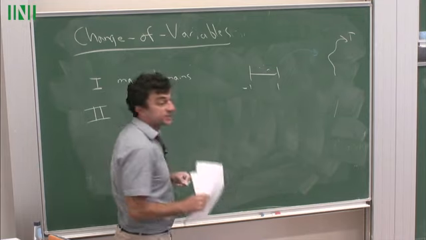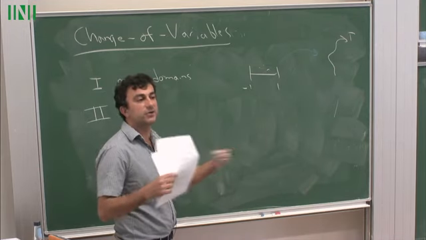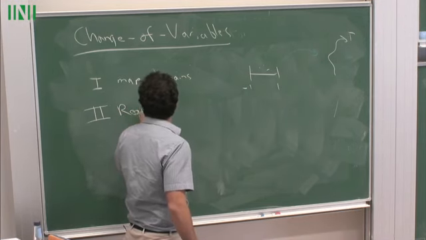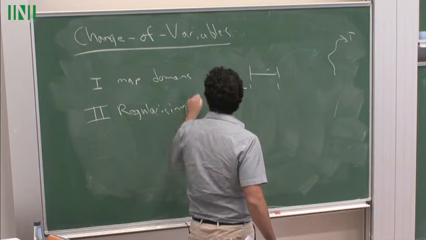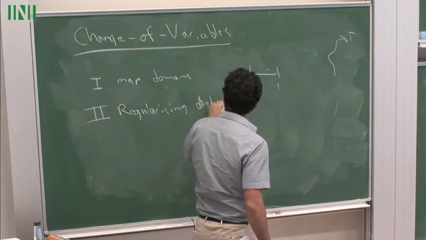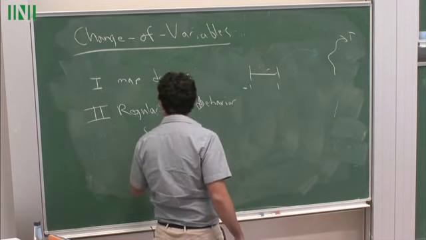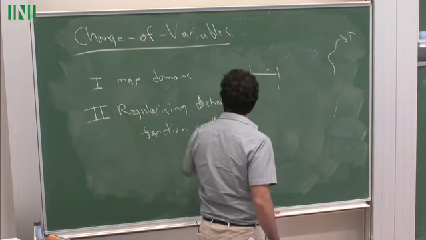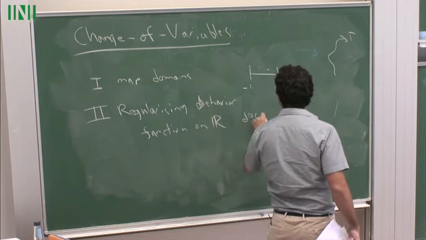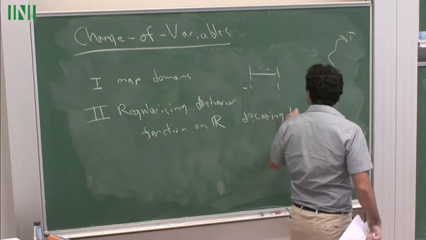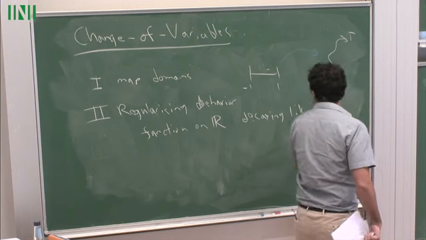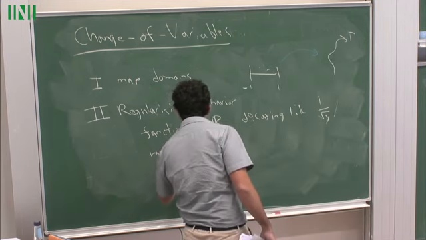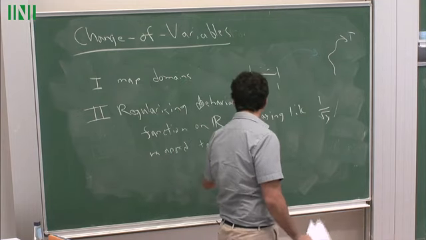Two, change of variable formulas are also useful for regularizing behavior. So for example, a function on R decaying like 1 over square root x can be mapped to a smooth function on -1, 1.